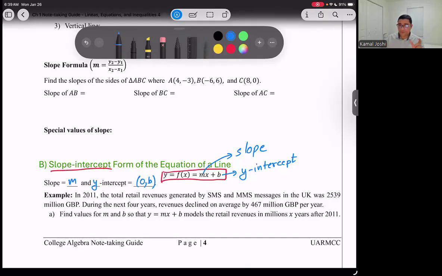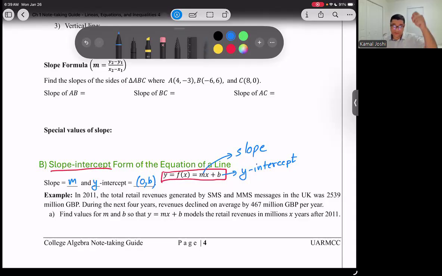Visually, this form of equation is very powerful because it immediately tells you the two important characteristics of the line. The y-intercept tells you what was the value initially when x equals 0. What was the value of the function? In many real-world applications, that refers to the initial value at time equal to 0.